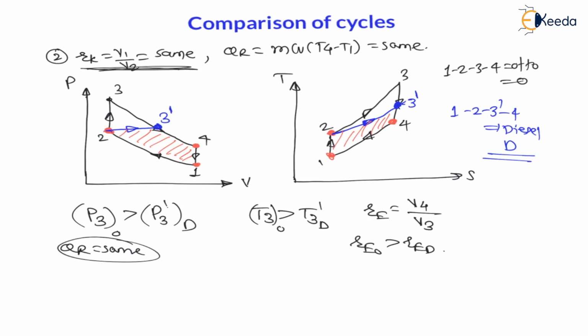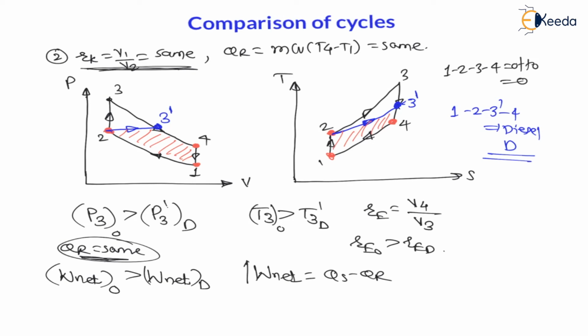Therefore we can say W net of Otto is more than W net of diesel. This will be the comparison. And this net work is nothing but heat supply minus heat rejected. As heat rejection is the same, if W net increases, heat supply must increase. Therefore heat supply of Otto is more than heat supply of diesel, right?